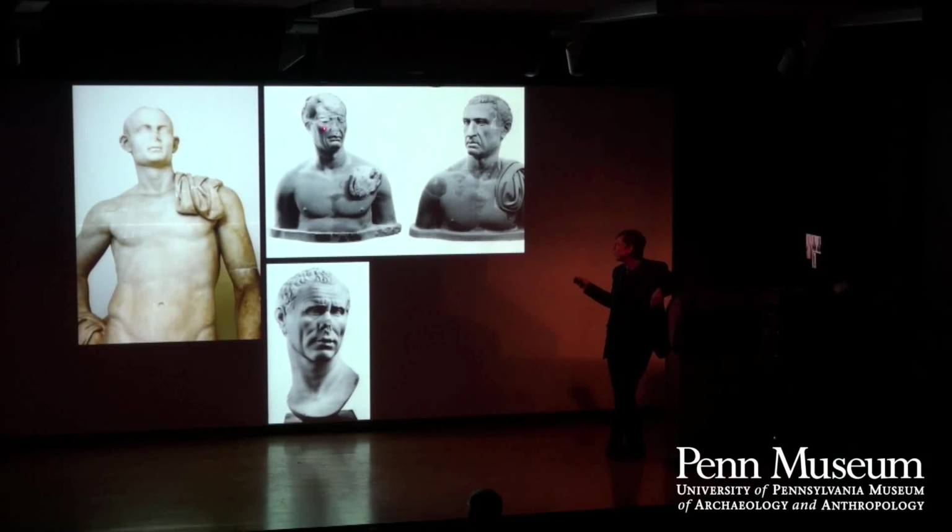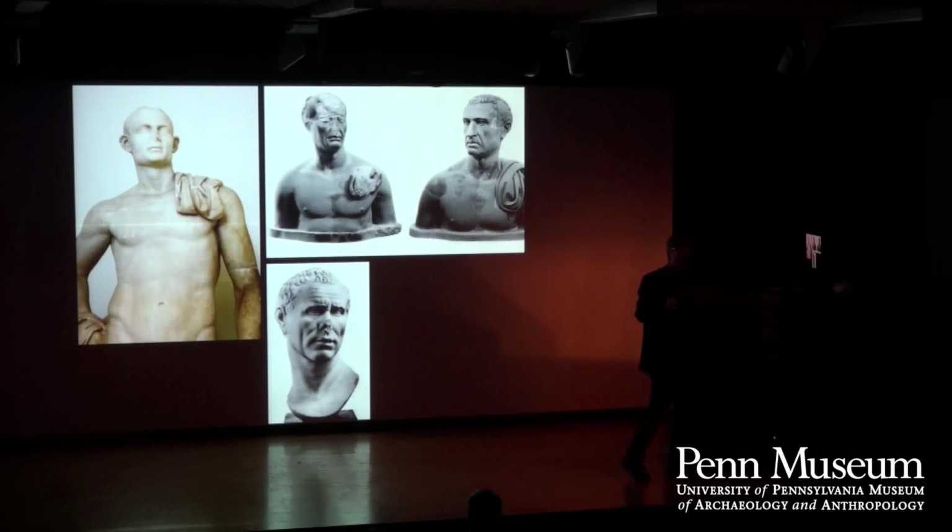Again, strong wrinkles on the forehead or on the sides of the mouth, also here, and either receding hair or no hair at all. Many of these have inscriptions, but the inscriptions can't date them much earlier than the end of the 2nd century BC.